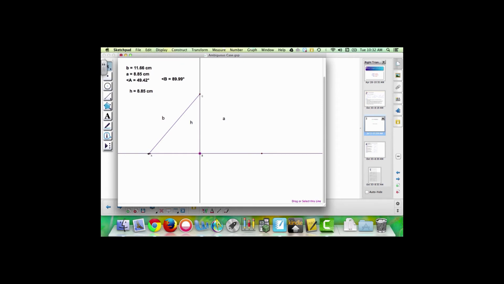Since I already know that I have my right angle, I can ignore that angle and use the sides that I know, the hypotenuse and a leg. When right triangles have the given information of a hypotenuse and a leg, and those are congruent, that is enough information to show that those two right triangles are congruent.